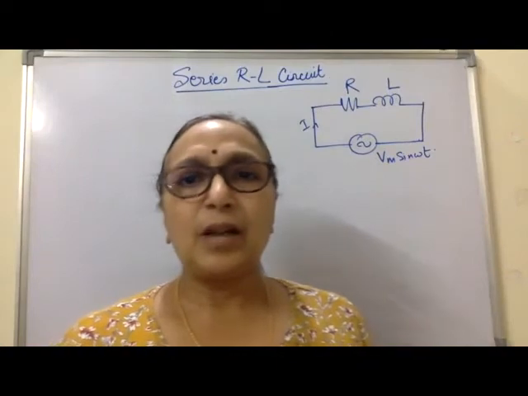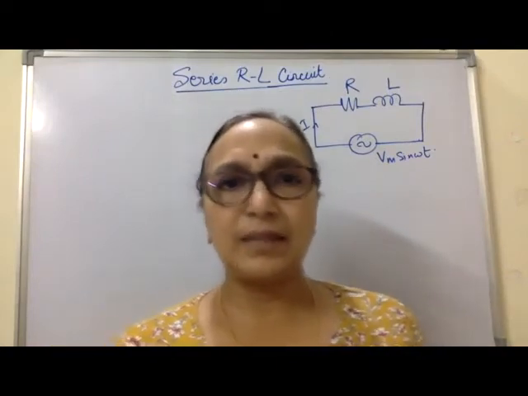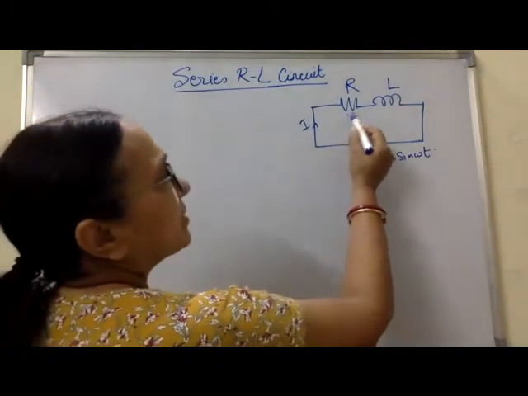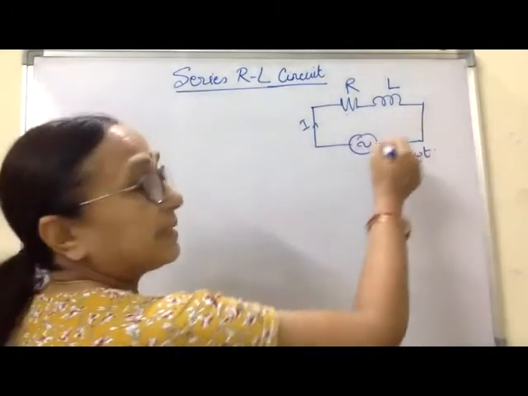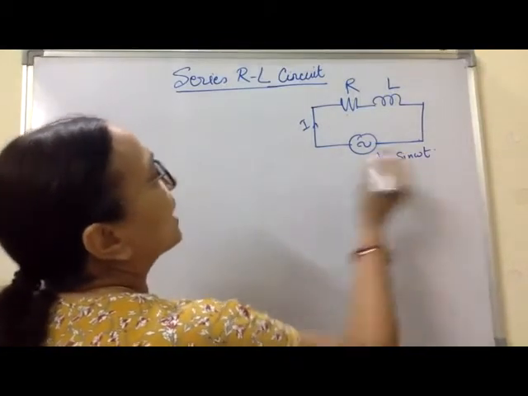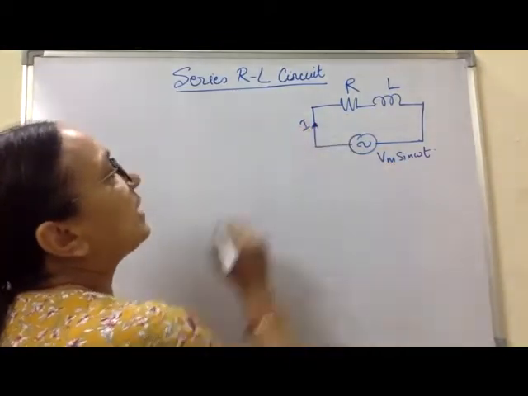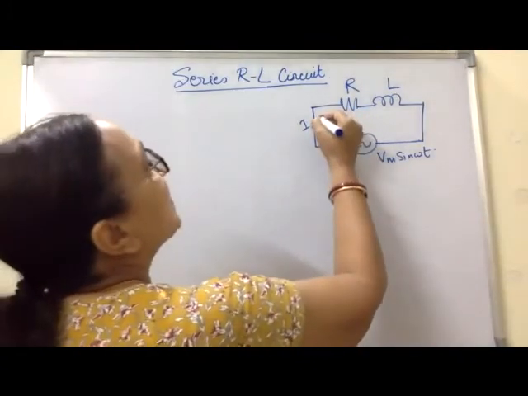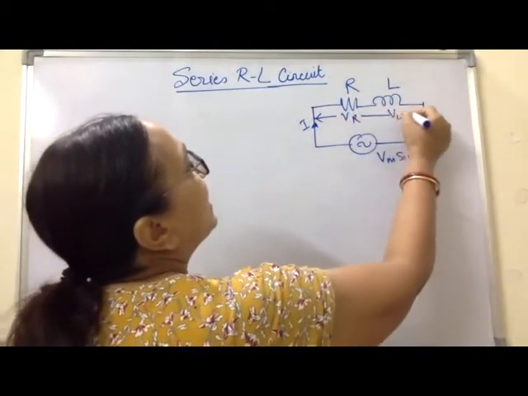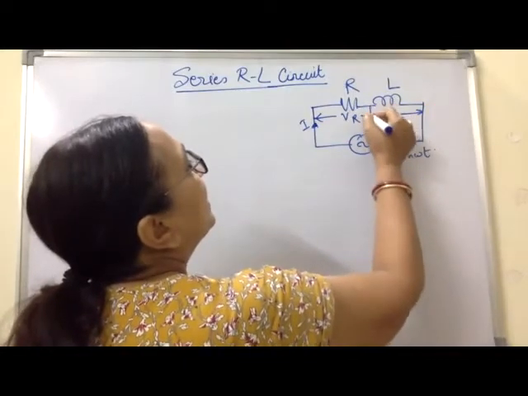Okay. Now I'll discuss the series RL circuit. In series RL circuit, you have got resistance and inductance connected in series to a supply voltage of Vm sin omega t. Because it is a series circuit, so current will be the same, but the voltage across the resistance and inductor will be different.